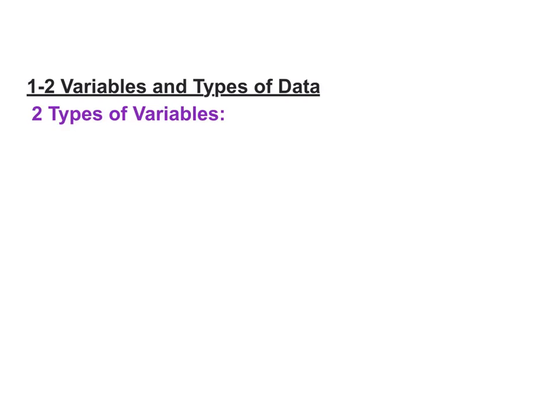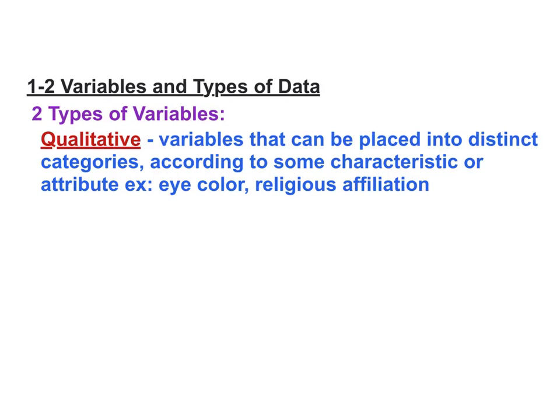The first type is qualitative. The root word of qualitative is quality. What we're using qualities to describe are variables that can be placed into distinct categories, characteristics, or attributes.